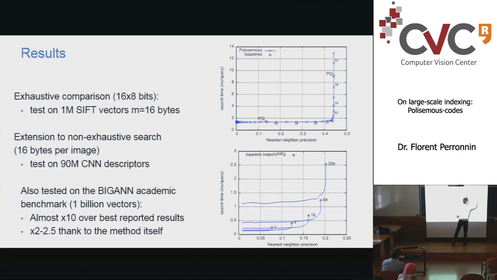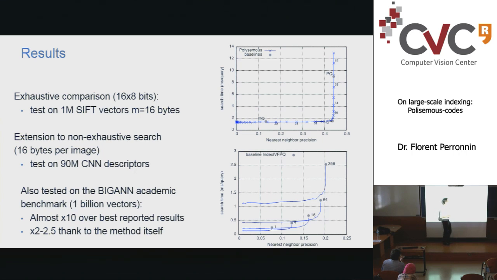What we show are 2 points: PQ, which is quite accurate but quite costly, and ITQ, which is a binary approach, which is very fast, but on the other hand not so accurate.